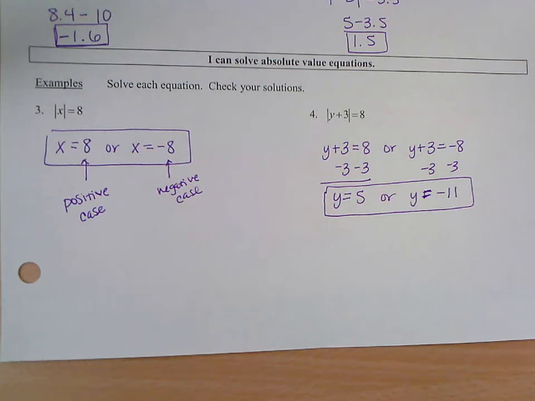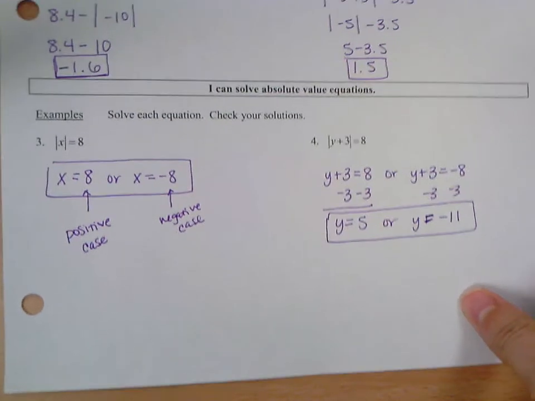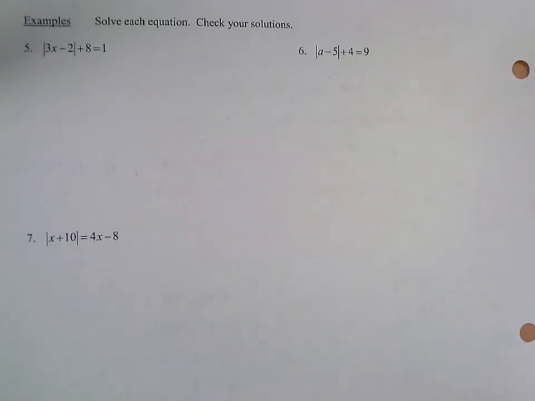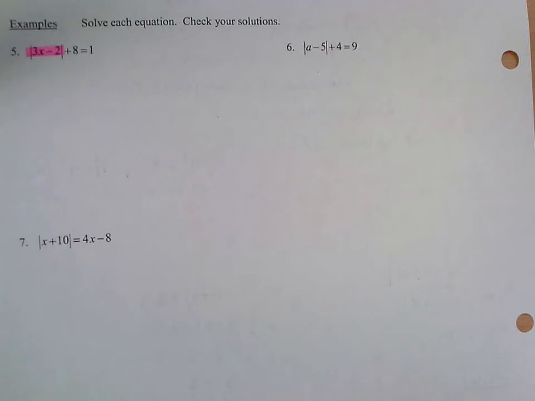Okay, any questions on those two? Absolute value, set up your two cases. And I included some different types of examples. So now in example 5, the absolute value is not by itself. So when you have an equation where there is more than just the absolute value on one side of the equal sign, you want to get the absolute value by itself first.